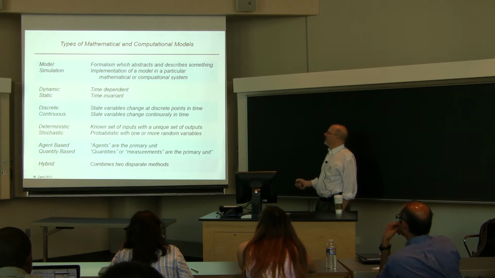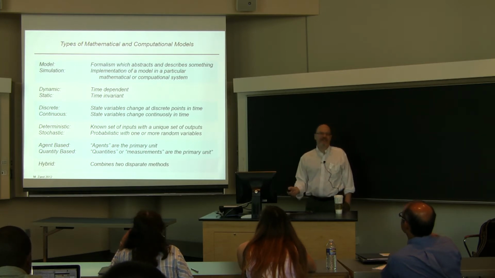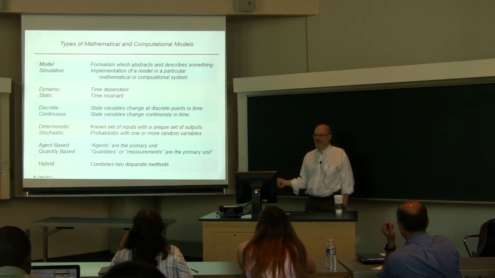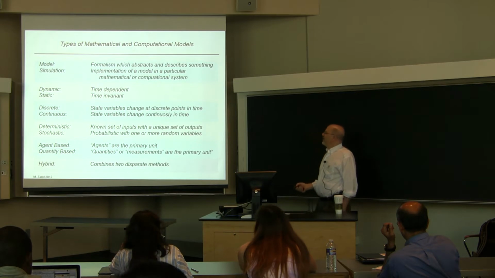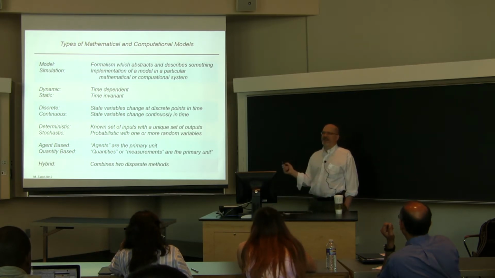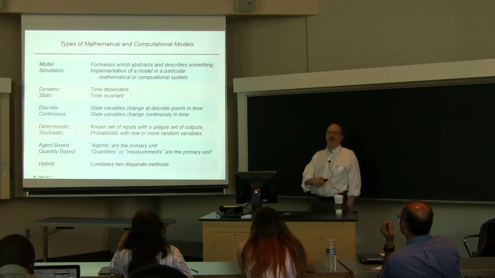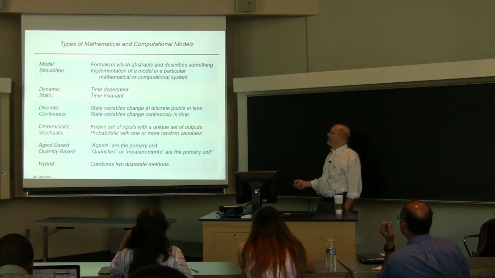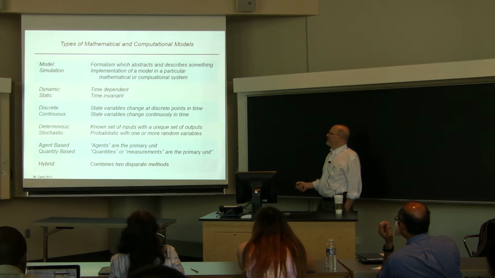They're time dependent or time invariant. It depends on whether or not the time plays a role in your model. They can be discrete, meaning state variables change at particular points in time and we're not modeling a continuum, or they can be continuous. They can be deterministic.